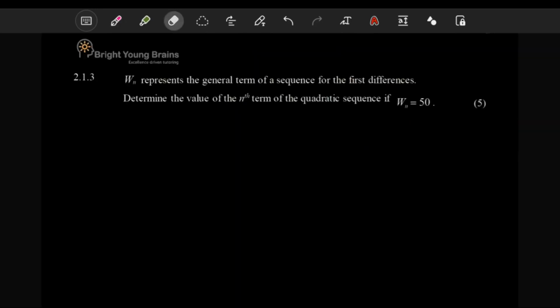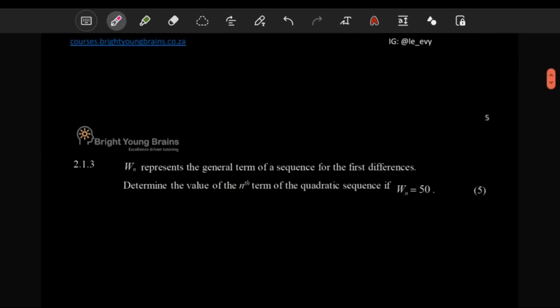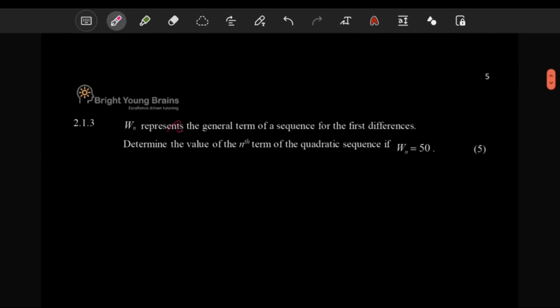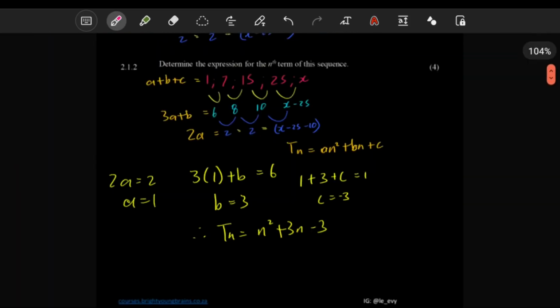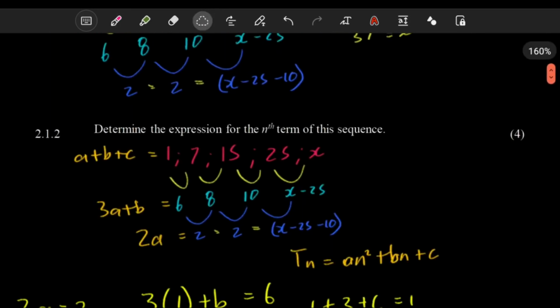Okay, 2.1.3. Here we go. It says here, Wn represents the general term of a sequence for the first differences. And then it says determine the value of the nth term of the quadratic sequence if Wn is equal to 50. Let's look nicely here. Let's take this thing here.